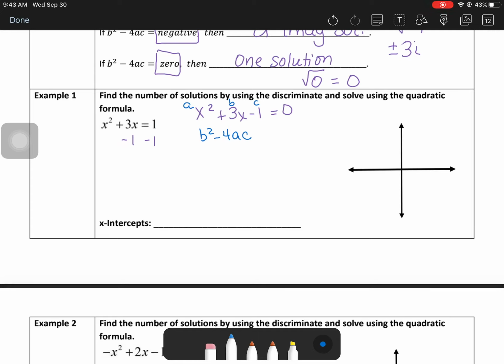So b being 3 would be 3 squared minus 4, a value is 1 since that's the coefficient of the x squared, and then c is negative 1. So we have 9, and negative 4 times 1 times negative 1 would be positive 4, so we get 13. Since that's positive, we know that there are going to be two solutions.